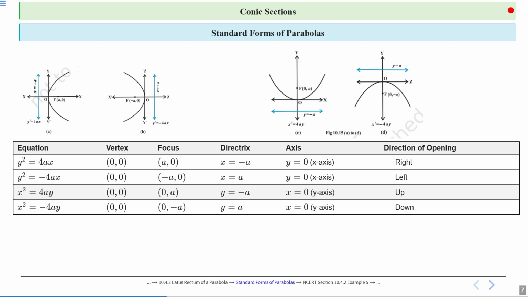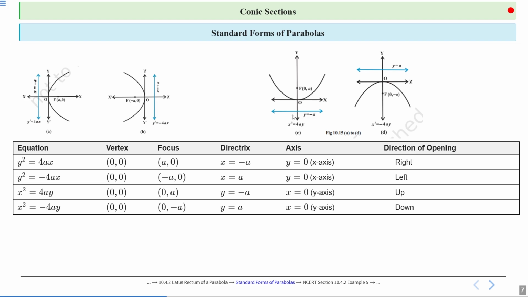Now see the third standard equation of the parabola, x square equal to 4 times ay. This figure is for x square equal to 4 times ay.